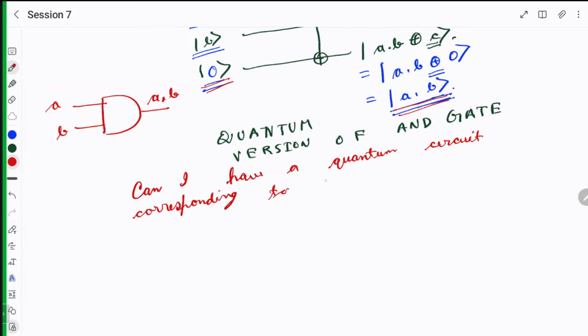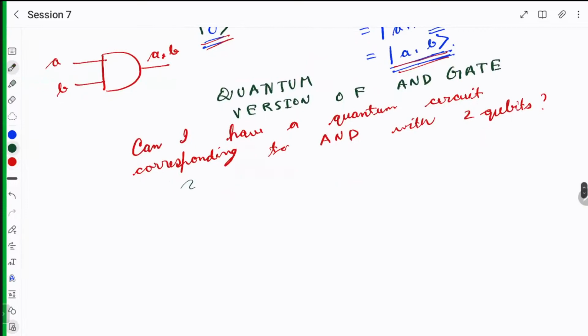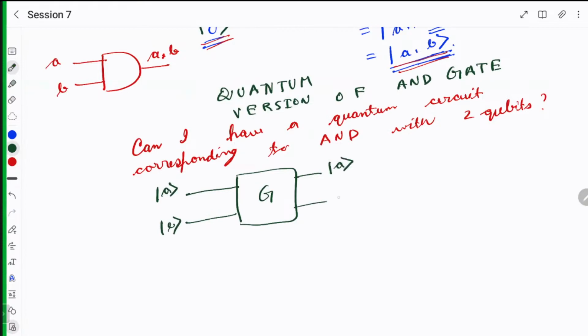In other words, can I have some quantum gate where, if I pass the two qubits A, B, I get some output like A and B? Can I have this?